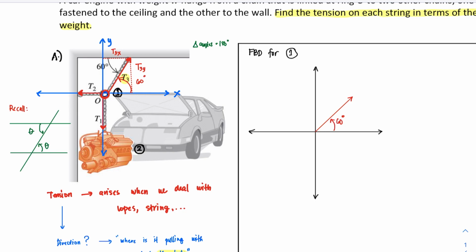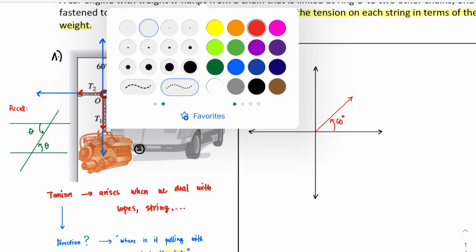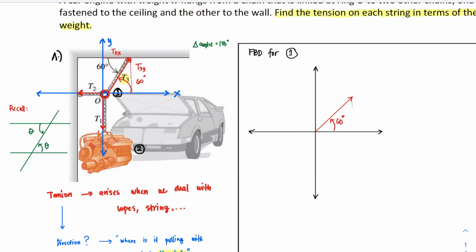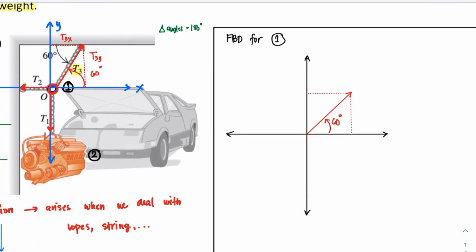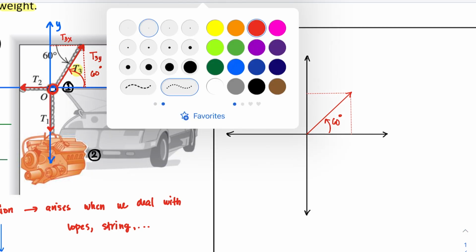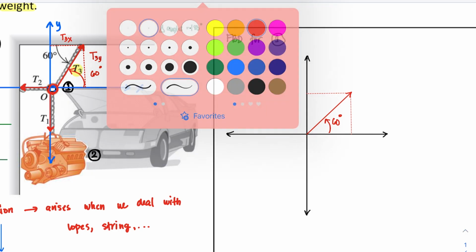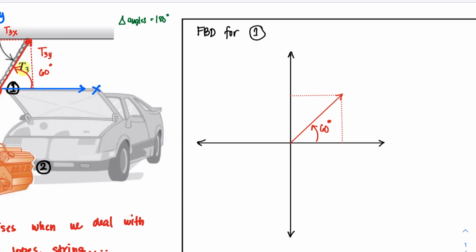So basically, this is somewhat the same with what we have been doing. And then I'm going to trace out the y component over there, and then also the x component in this direction here. Now I'm just going to label that one. This is T3 sub y.